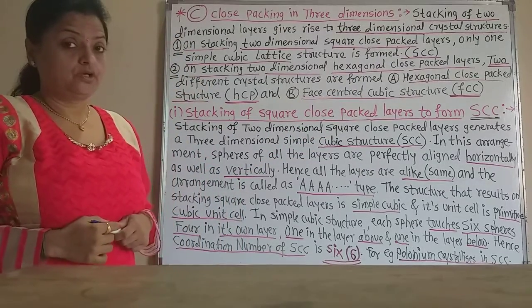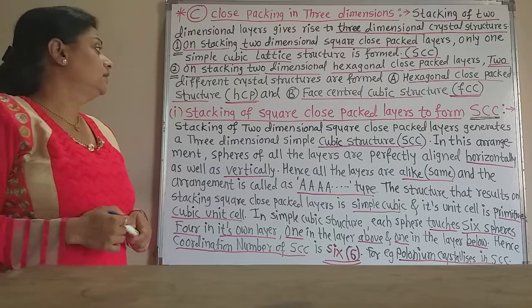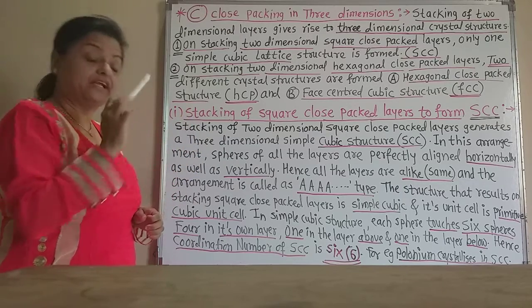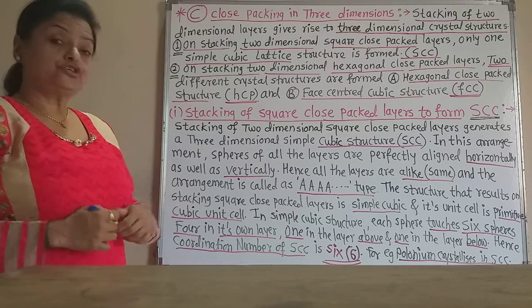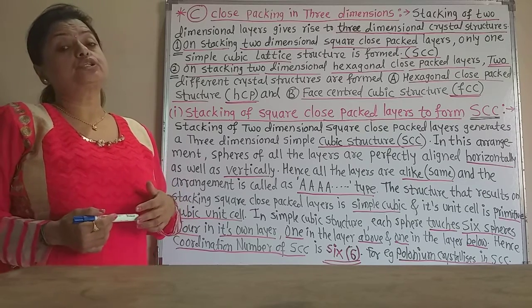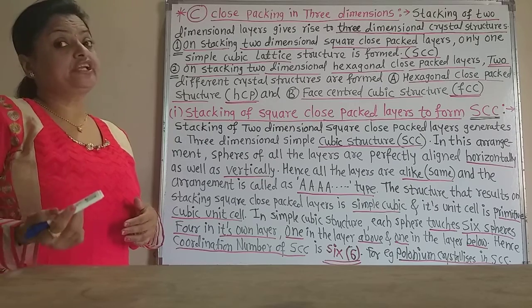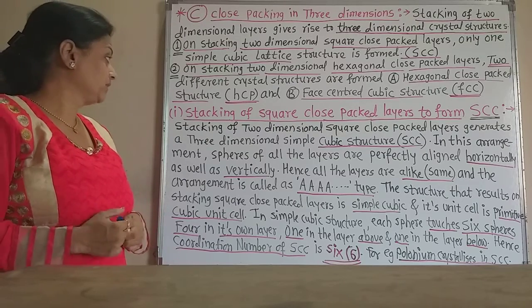Now let us learn the first, stacking of the square close packed layers. On stacking the square close packed layers, how the simple cubic crystal is formed, let us learn.